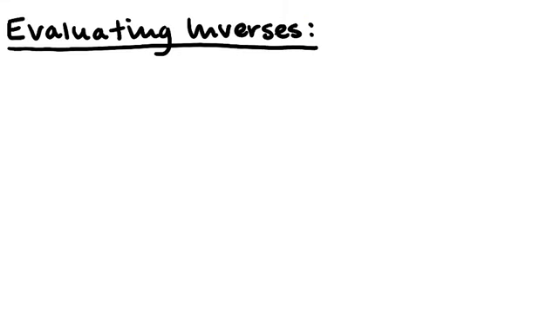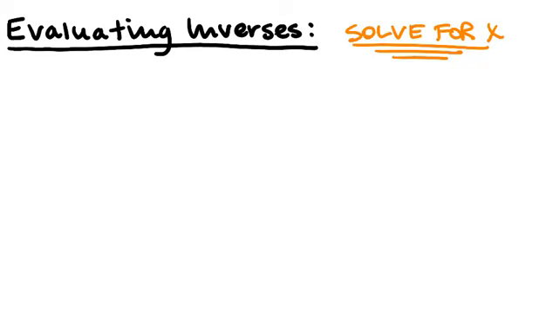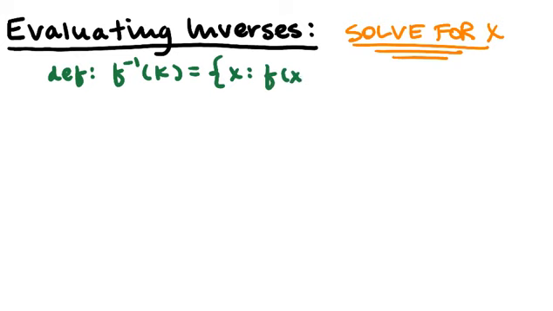Now when it comes to evaluating inverses, I'm going to give you the same advice, which is to solve for x. Okay. Now we probably need to define: if k is some sort of y value that a function hits, f inverse of k is equal to the set of all x's for which f of x is equal to k.